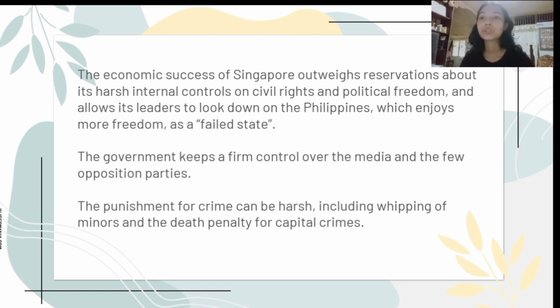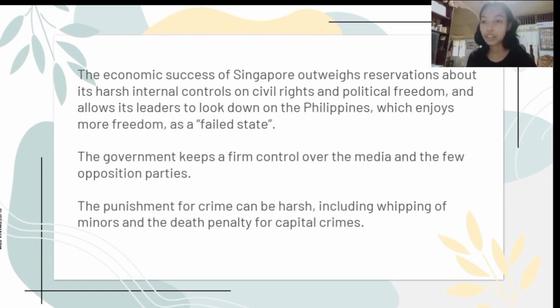Private sectors usually own media, like ABS-CBN, which is owned by private sectors, and the punishment for crimes is usually jail or imprisonment. We have fines, community services.